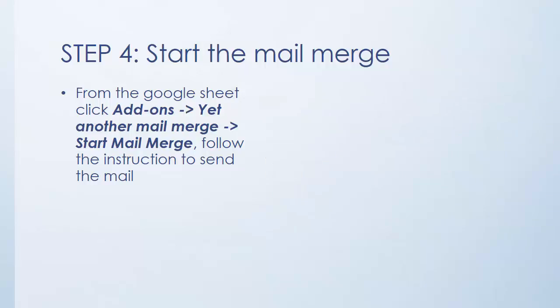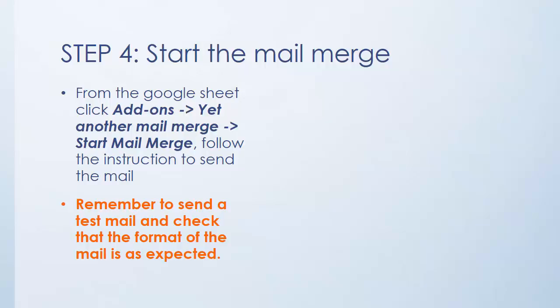Now you have to remember one thing, that you have to test this email so that you check the format of the mail, because you don't want to send out an incorrect mail, as it defeats the purpose.